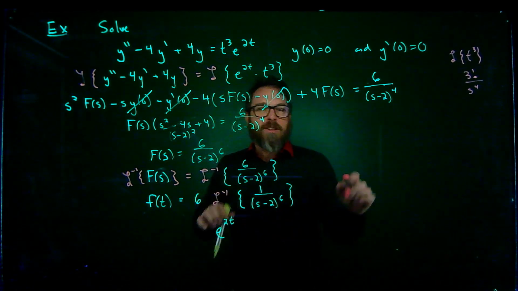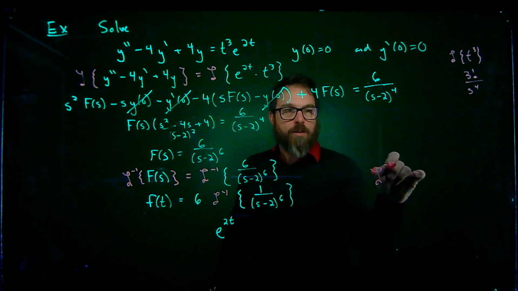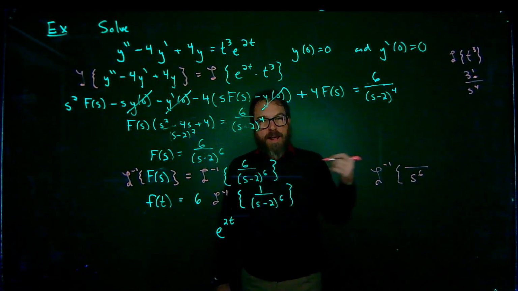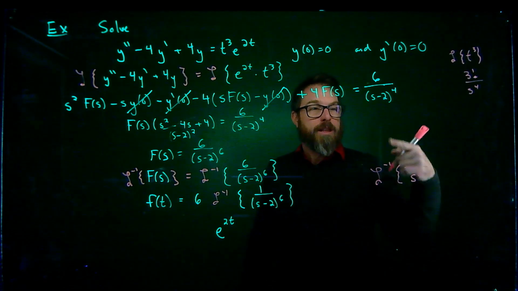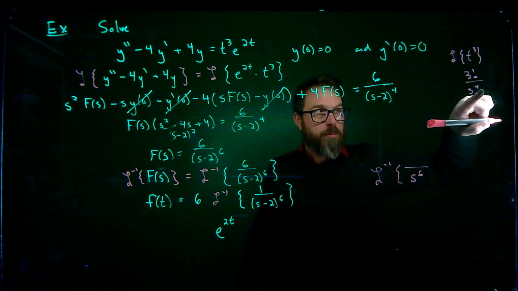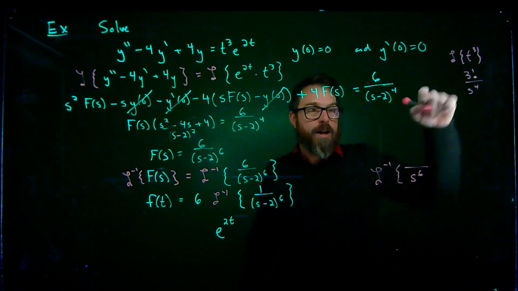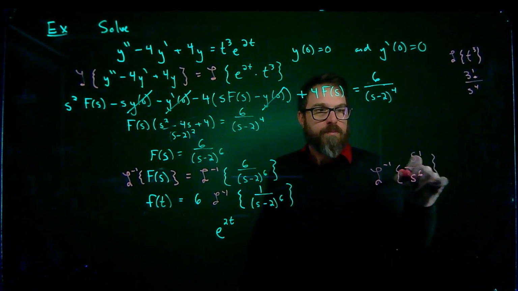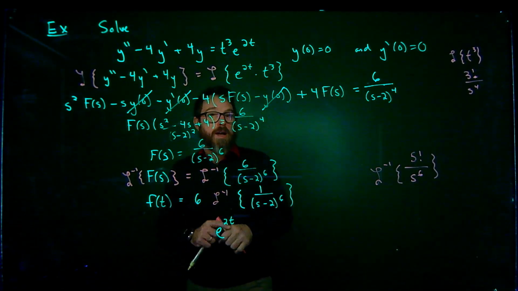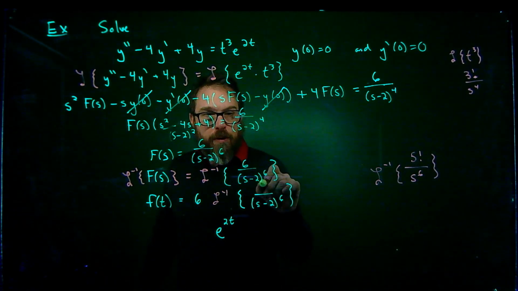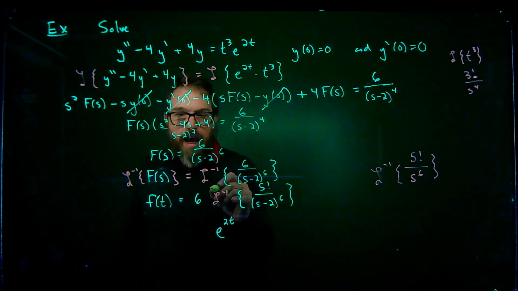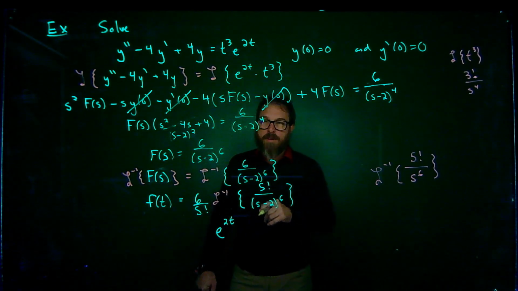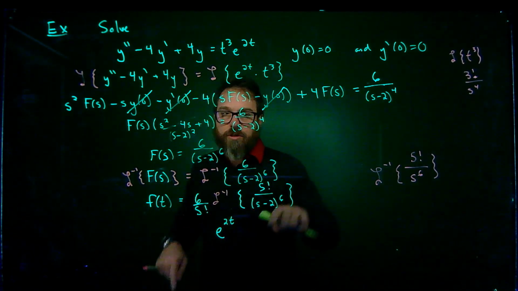But really what we need to know is, what is the Laplace inverse of s to the 6 on the bottom? Well, if I have an s to the 6 on the bottom, I'm going to need the factorial that is 1 less, very similar to this. If this is a 4 down here, this needs to be a 3 factorial on top. So 6 down here, this has to be a 5 factorial on top. So if I put a 5 factorial up here, I'm also going to have to divide by 5 factorial. If I multiply the top by 5 factorial, I have to divide by 5 factorial, so this is just multiplied by 1.